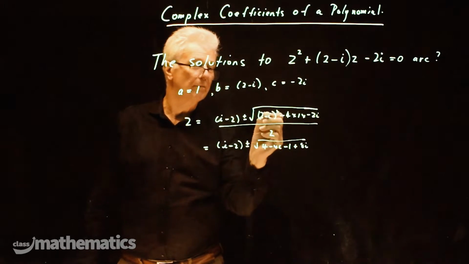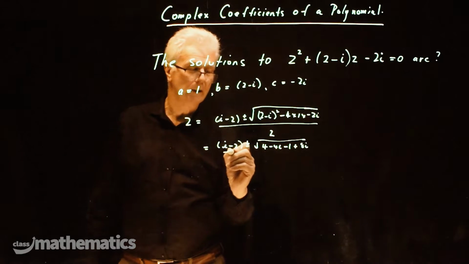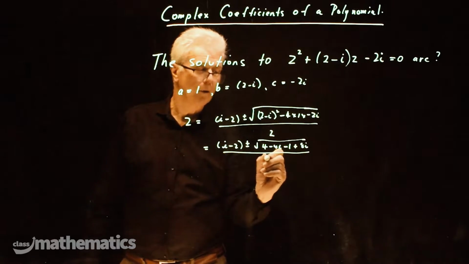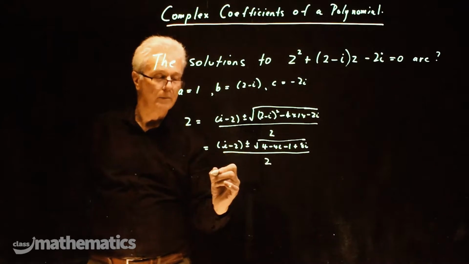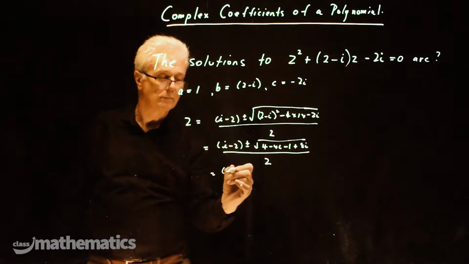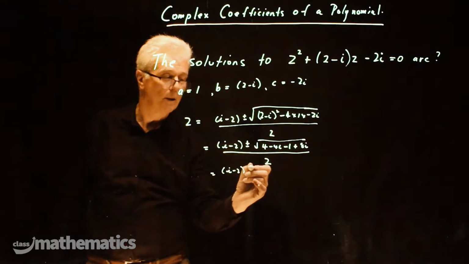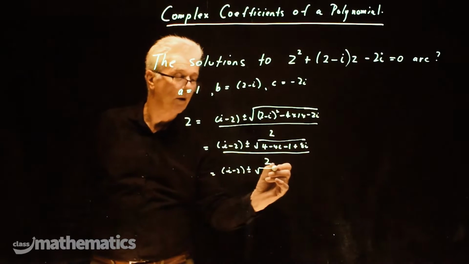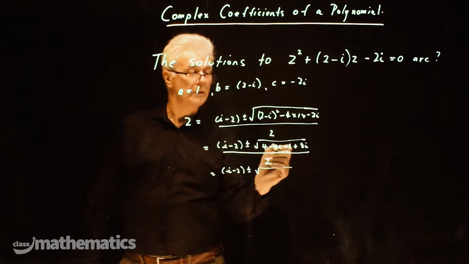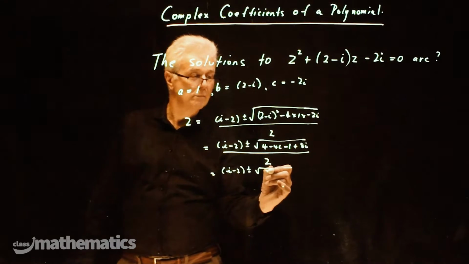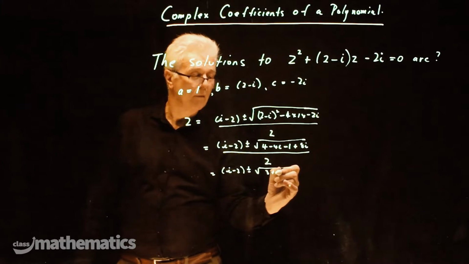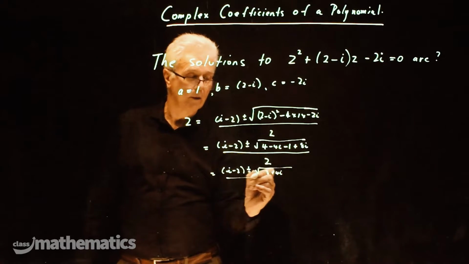You just take a lot of time getting this part right. Easy to make a mistake. All over 2. And that gives me i minus 2 plus or minus the square root of, now this becomes 3 plus 4i all over 2.